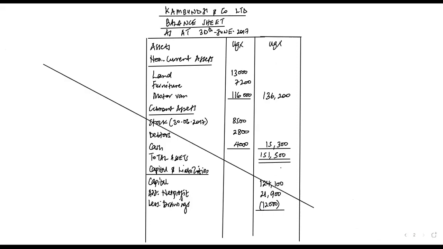So our capital at the end of the period is 134,000. That is total capital.